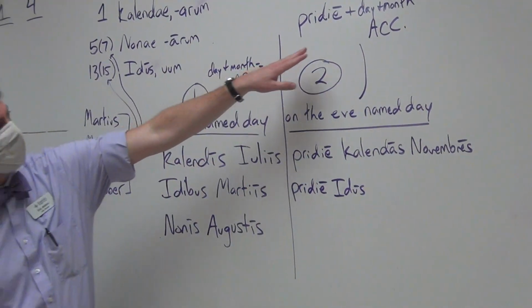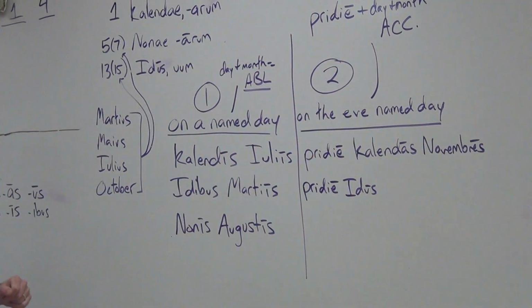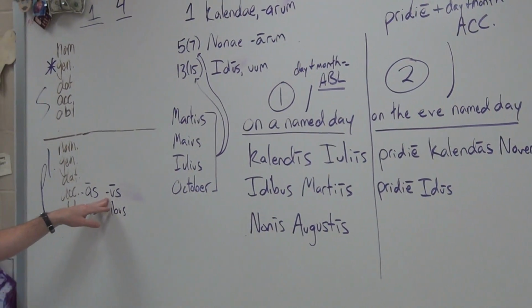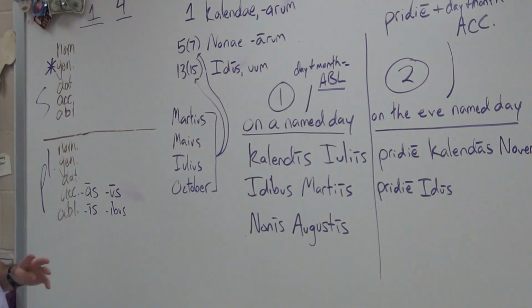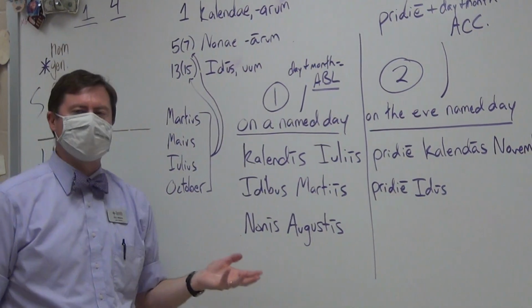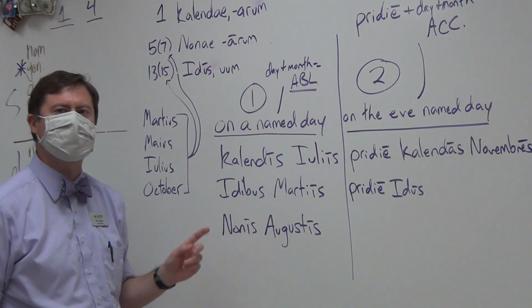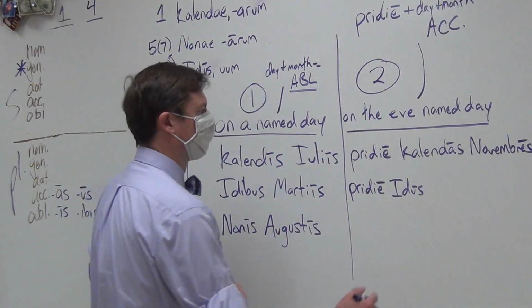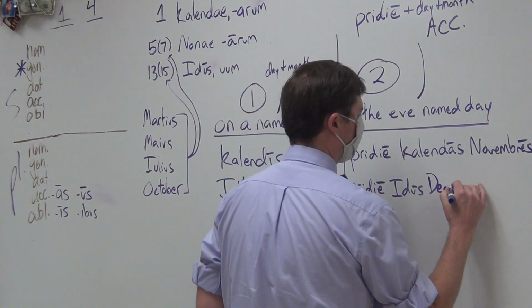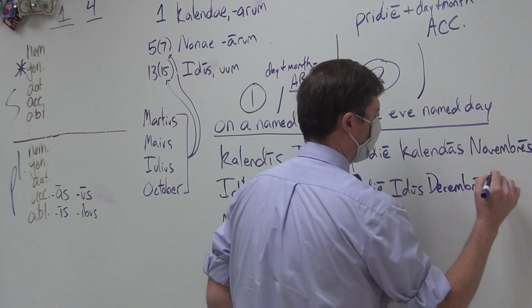Again, pridie requires its object to be in the accusative. There it is, idus, as a fourth declension noun. But this merely means the day before the Ides. That's 12 different days out of the year. So which one for my father? December: Decembres.